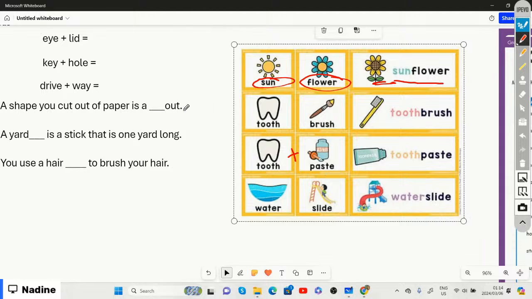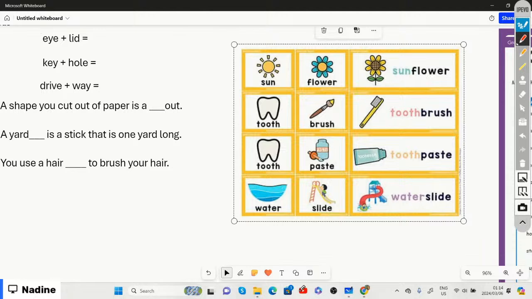All right. So we have sunflower, toothbrush, toothpaste, and water slide.